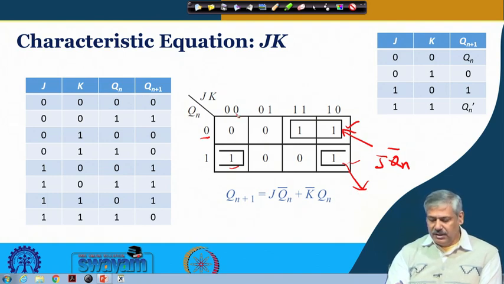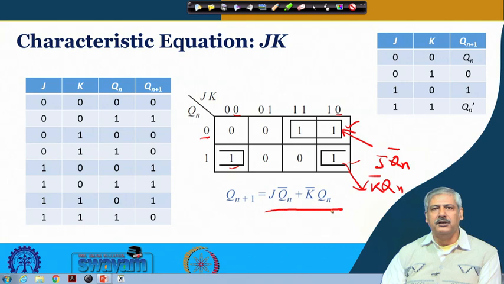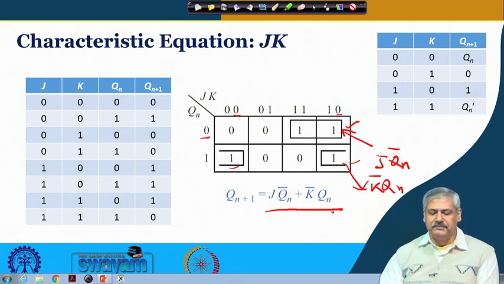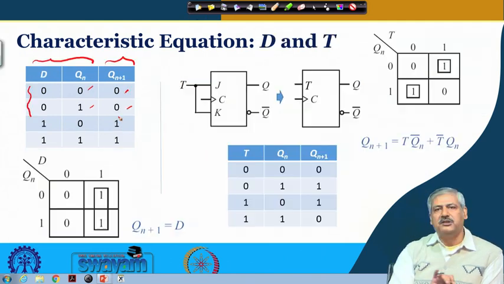So, K is remaining at 0, so K bar, and Qn is at 1, so Qn. When you sum these two product terms, you get the characteristic equation of JK flip-flop. Fine. Clear?